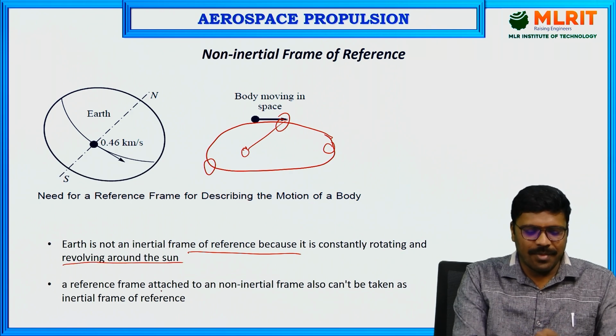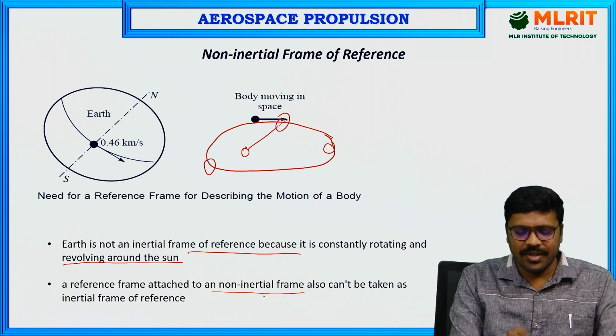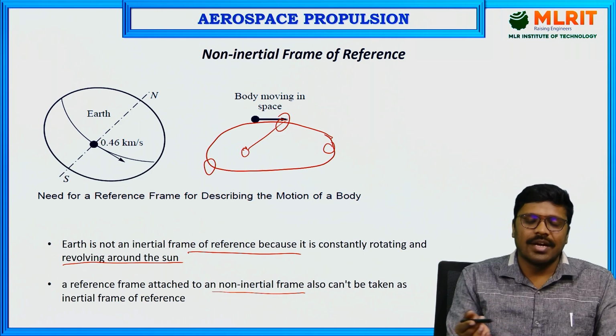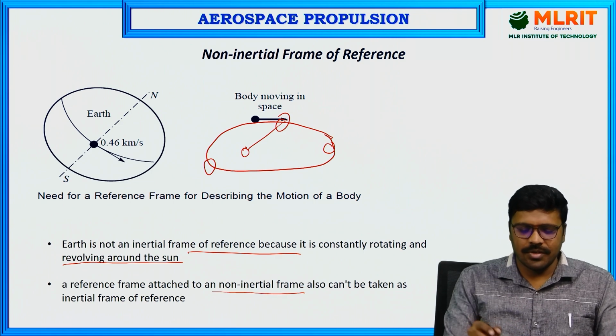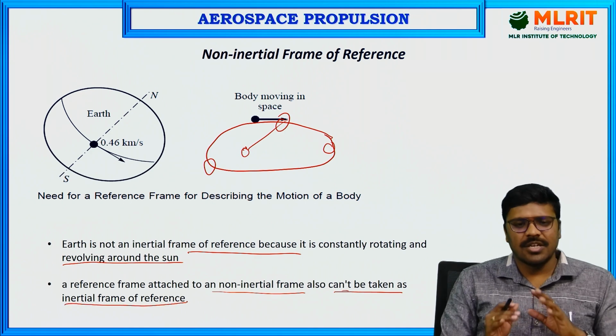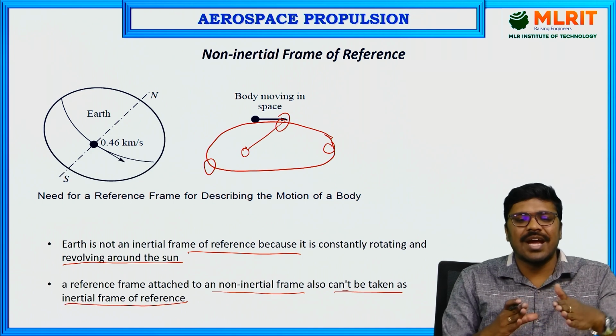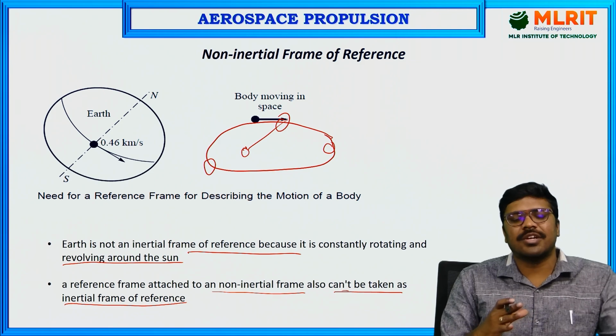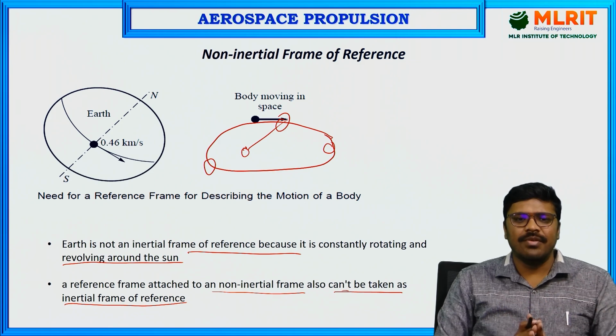A reference frame attached to a non-inertial frame of reference is also considered a non-inertial frame of reference, so it also cannot be taken as an inertial frame of reference.